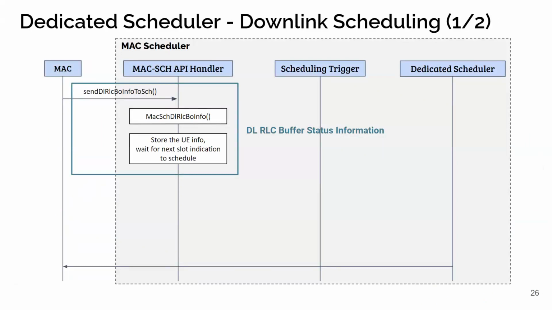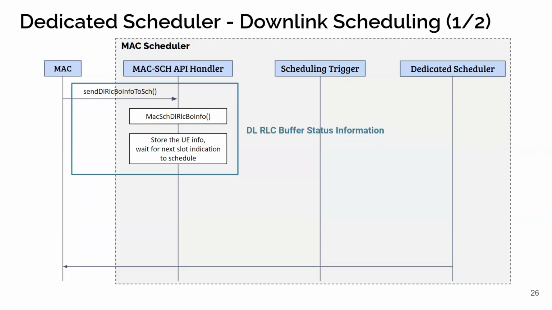So this API, send downlink ILC BO information to scheduler, will indicate how much data volume is in the ILC, or you can say logical channel. Here, the MAC Scheduler API receives the information from the ILC. Then it will store the UE information and wait for the next slot indication to do the scheduling. And this can be called the downlink ILC buffer status information.